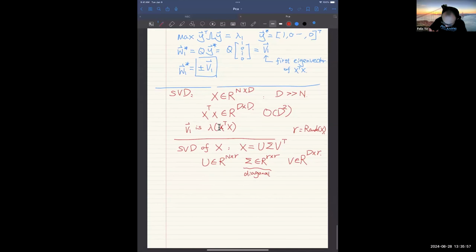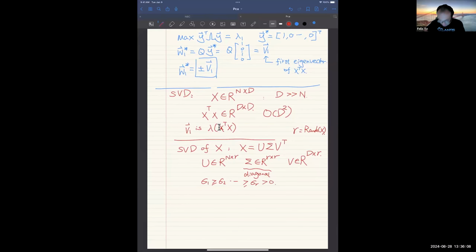So sigma 1 is bigger or equal than sigma 2, and so on, bigger or equal than sigma R, and sigma R is strictly bigger than 0 because R is the rank of the matrix X.